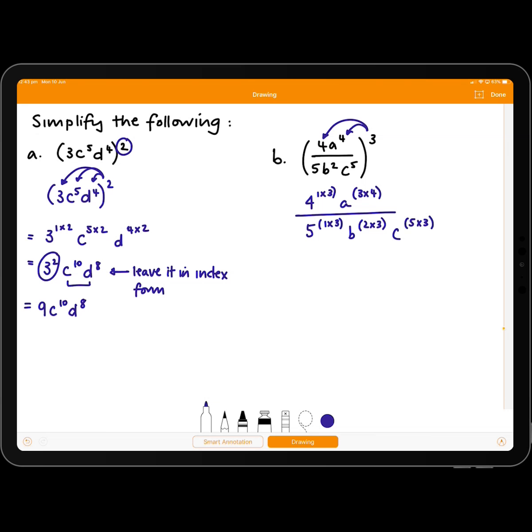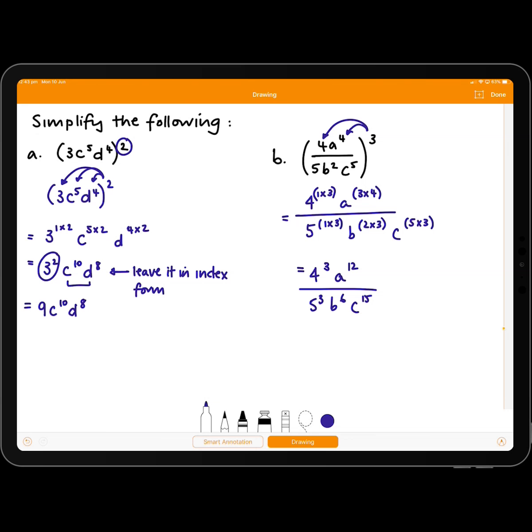So simplifying all of this now, that equals 4 to the power of 3, a to the power of 12, all on 5 to the power of 3, b to the power of 6, and c to the power of 15.